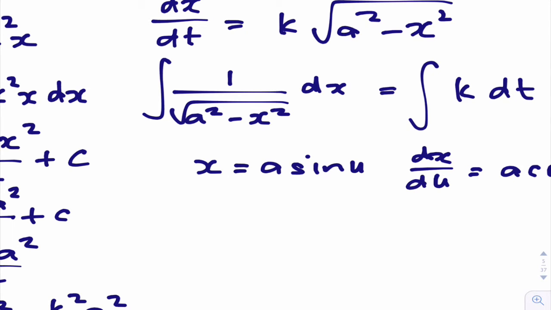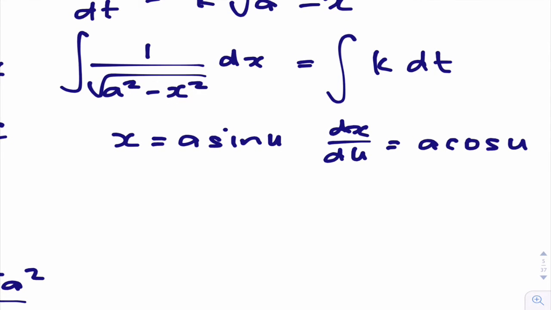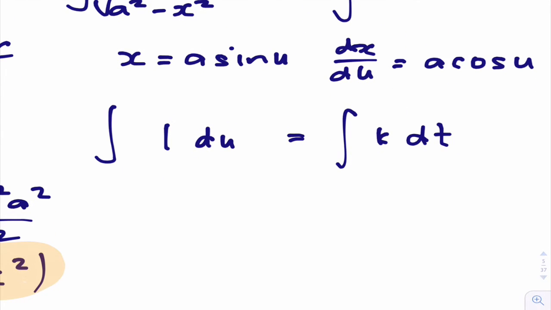The A squareds come out and you have 1 minus sine squared, so you end up with root of A squared cos squared on the bottom, which is just A cos u. We replace the dx with A cos u du. Everything cancels out nicely and you just end up with this. I did that very quickly, so you might want to do that as an exercise.